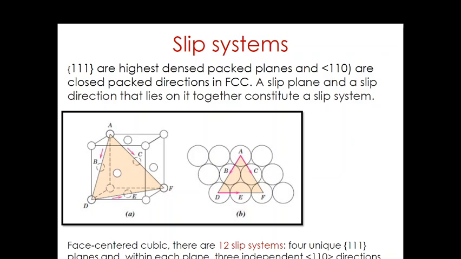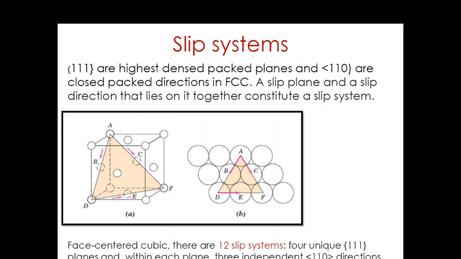That means [110] does not lie over the slip plane, so you cannot count it in the calculation of slip systems. You can see three different slip directions exist for the one particular plane (111).